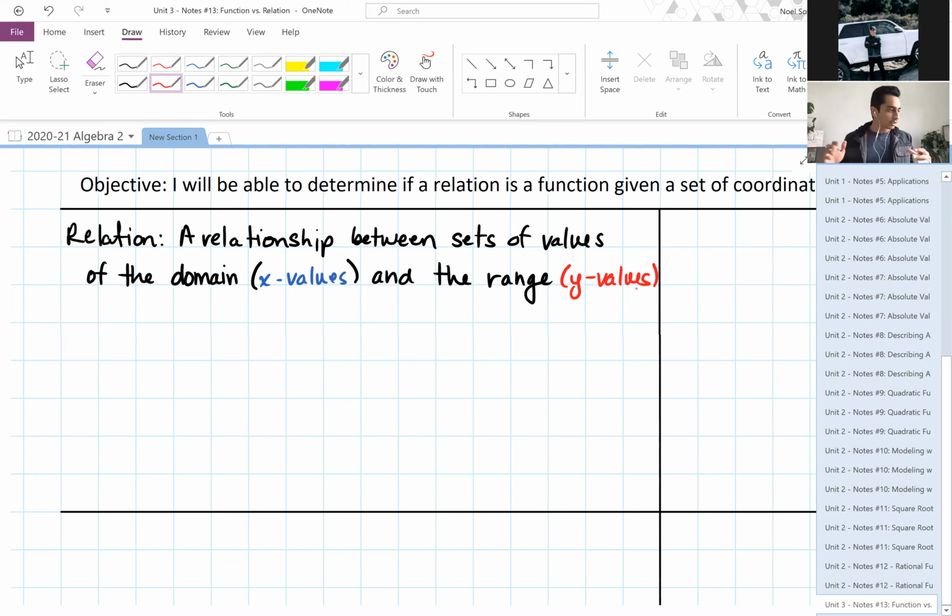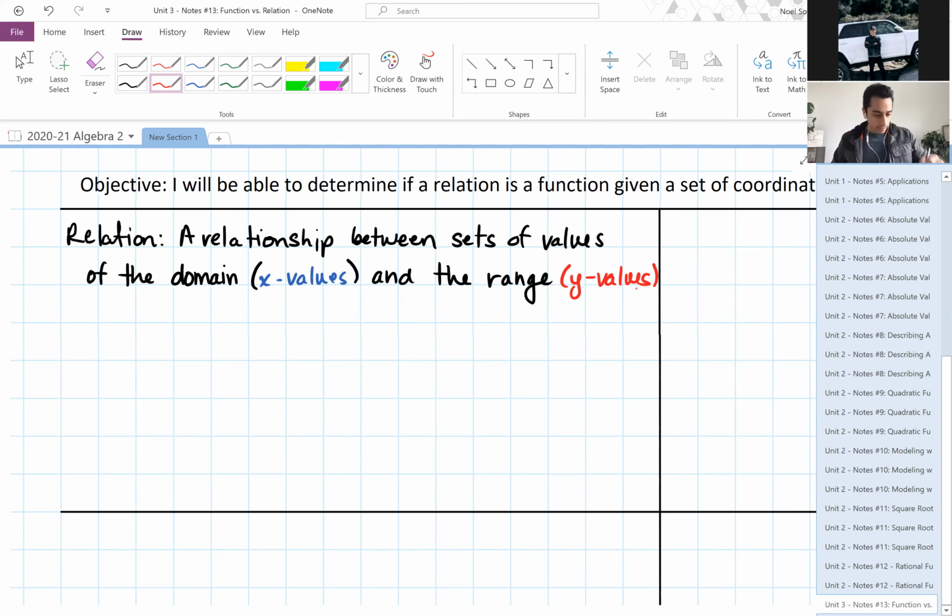So when we're discussing what a relation is, it's just like, do I have something that includes an x value and a y value? Pretty much, right? Like if I have a coordinate point, that's a relation. So it's anything that has both an element from the domain and an element from the range. You put those two together and you have what's called a relation.